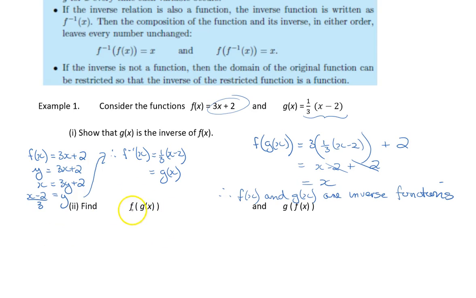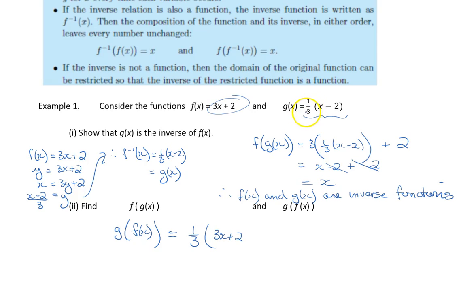I've done f of g of x, I've just done that one there. Let's do g of f of x. So g of x is to take 1/3 and put x, and x has to be the f of x expression, and f of x is 3x plus 2.